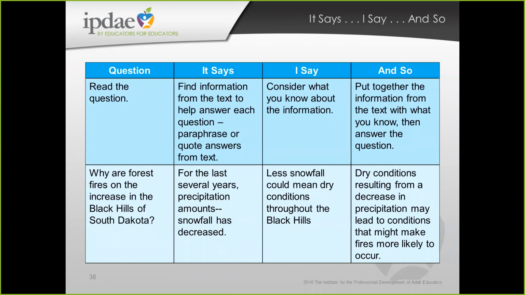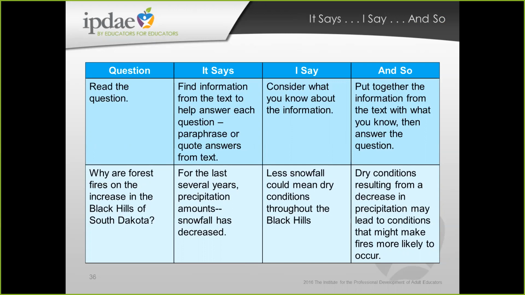Well, if I take those two things and put them together, then those dry conditions are the result of a decrease in the precipitation, which I learned from the text. And I know that's something that could set up the conditions that would be likely for fires to occur. So I've taken my personal knowledge, I've taken what the text has told me, and I've created that last meaning.